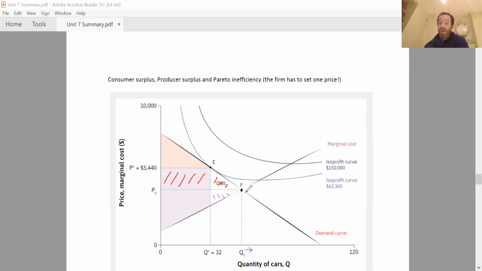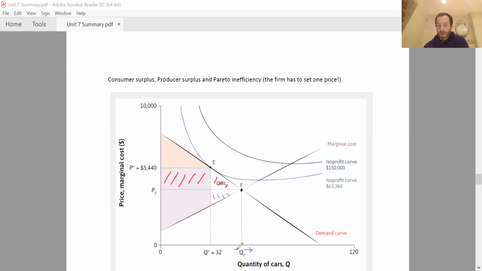Now, the consumers would be better off because we've got more people buying cars, but this means that to go upwards from point F to a higher quantity, we have had to make somebody worse off. We've made the firm worse off in order to make the consumers better off, okay?